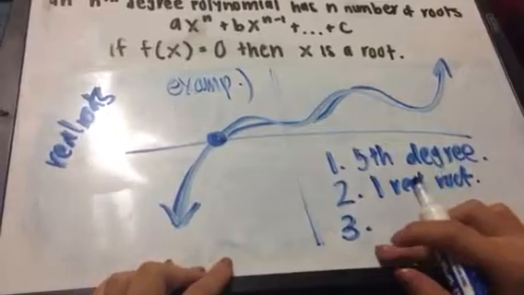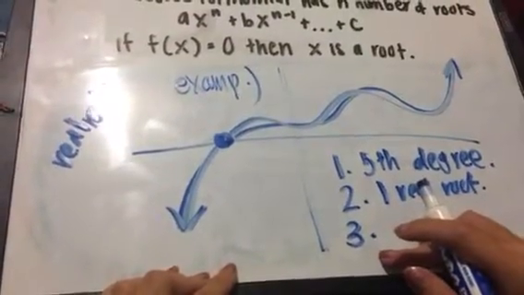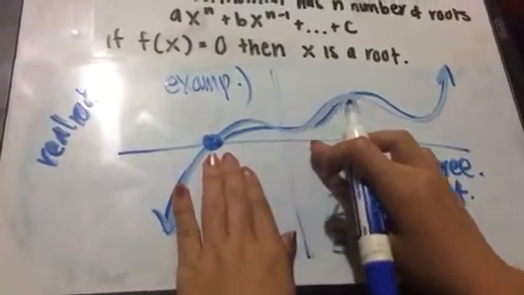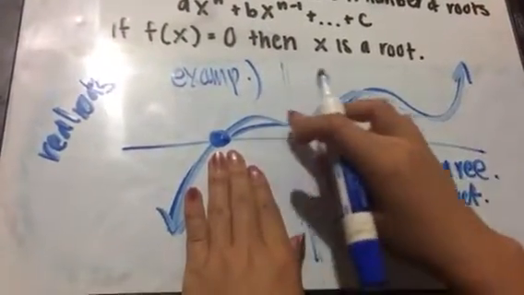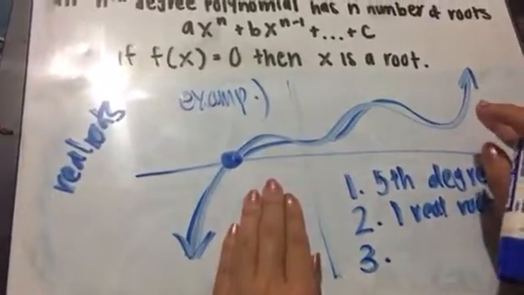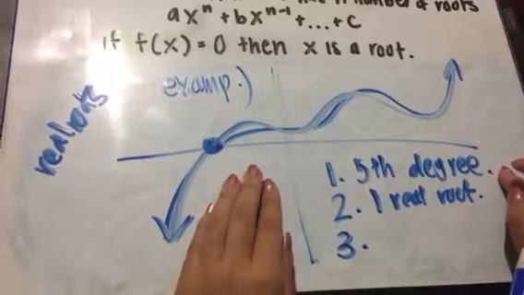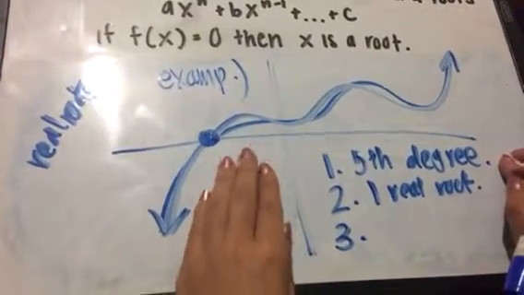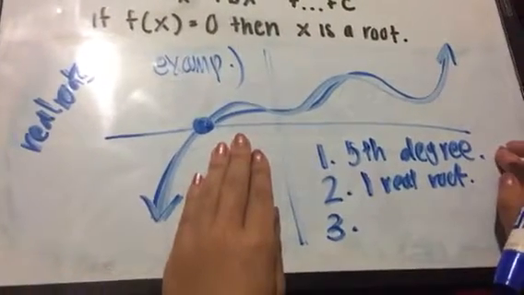Now all that's left is the number of complex roots this function has. Seeing how the graph doesn't cross the x-axis more than once, the rest of the roots will be complex, not real. And since it is a 5th degree polynomial, the fundamental theorem of algebra says that there will be 5 roots, for sure. No more, no less.